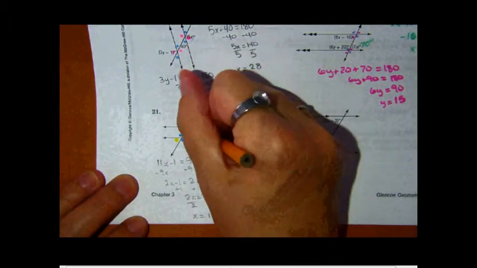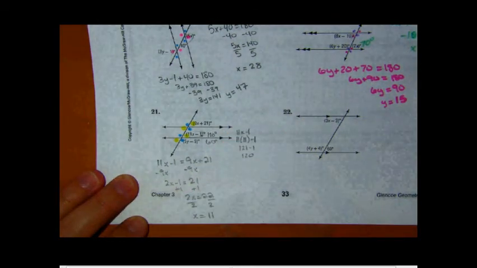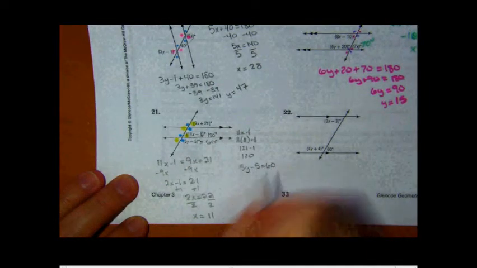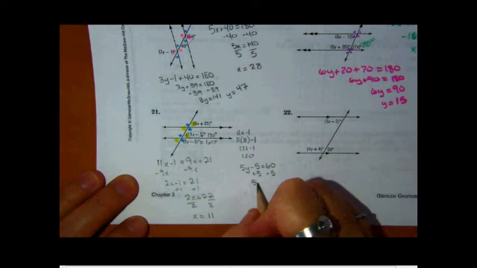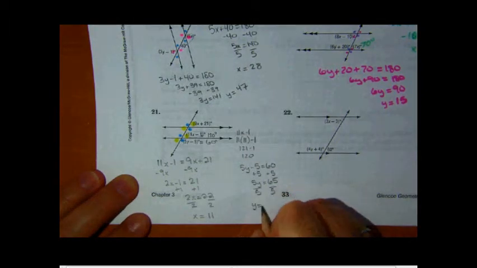So if this is 120, what's this? 60. Okay, so that would mean 5y minus 5 would be 60. Does that make sense? Okay. Add 5 to both sides. So 5y is equal to 65. Then divide by 5 and you're going to get 13.